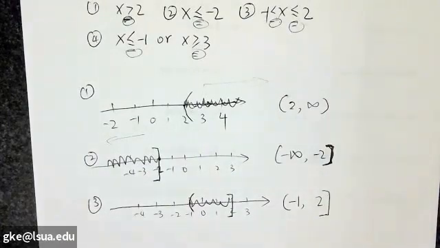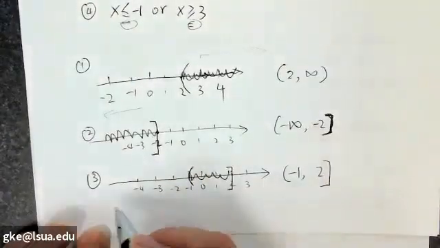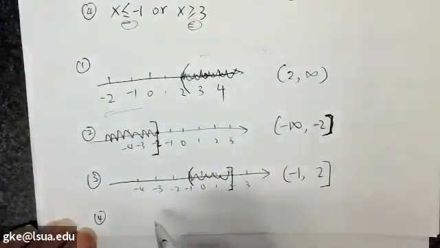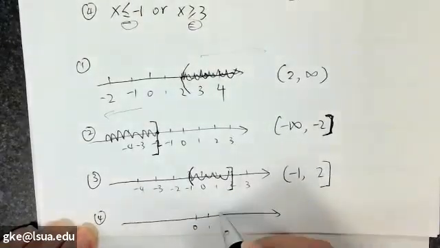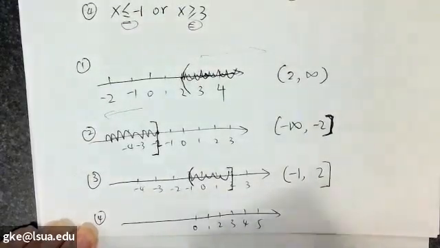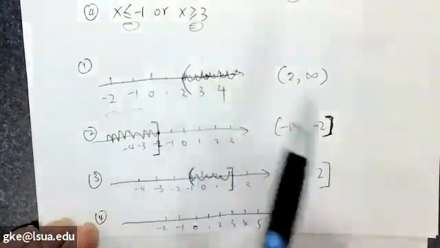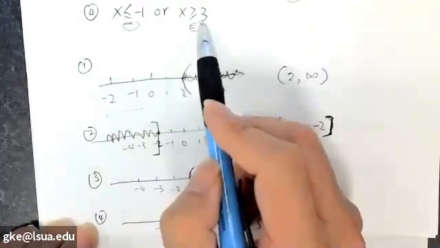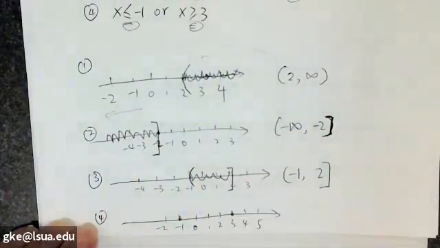And the last one is a little bit special. Take a look. We're still going to draw the x-axis. One condition is x less than or equal to -1, and another is x greater than or equal to 3.